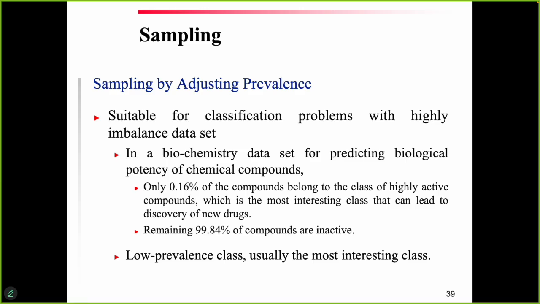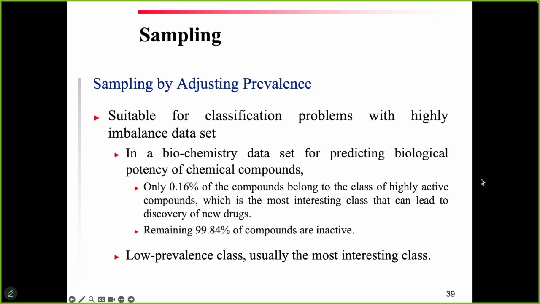And about sampling by adjusting prevalence, I mentioned that when you have imbalanced data, one method to sample is sampling by adjusting prevalence. When do you do that? For imbalanced data, you can use stratified sampling or this one. You use this if you have highly imbalanced data.